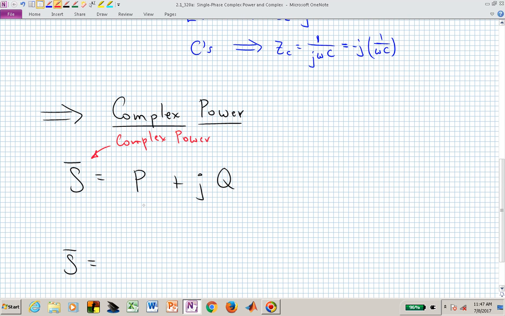Again, the real part, we will just call the real power, or sometimes we might refer to that as the average power. And the imaginary component, we will call the reactive power.